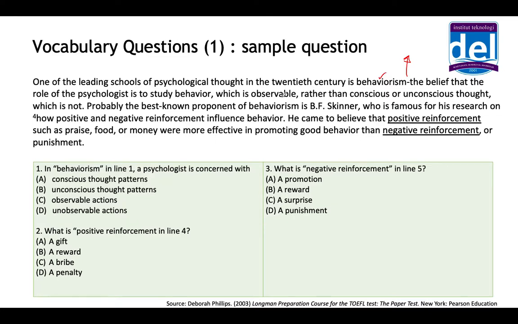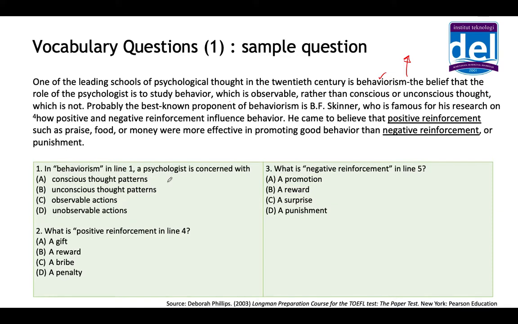So here we can see that the psychologist is concerned with observable behavior rather than conscious or unconscious thought. From this statement, we can determine the answer for number 1.